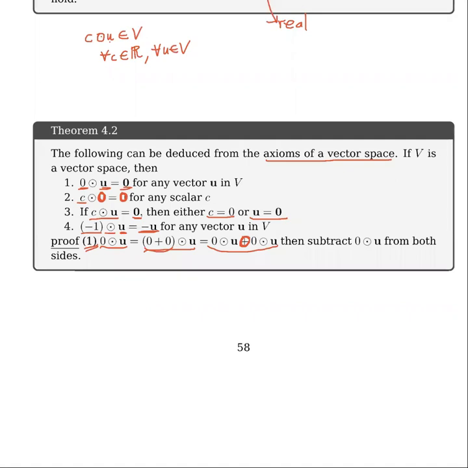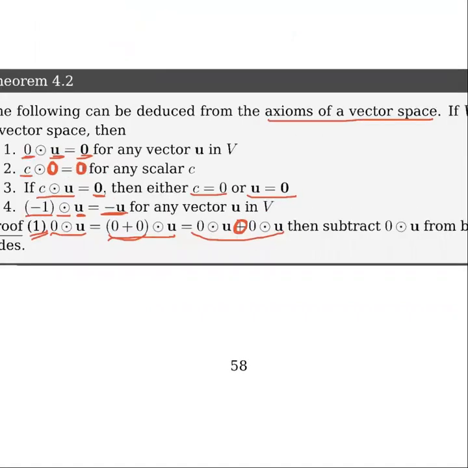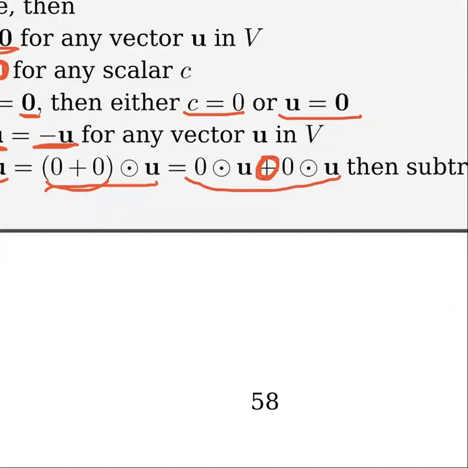Do we need a zero vector for each vector? The zero vector is a unique vector which satisfies this property for every u. Let me write it in bold.